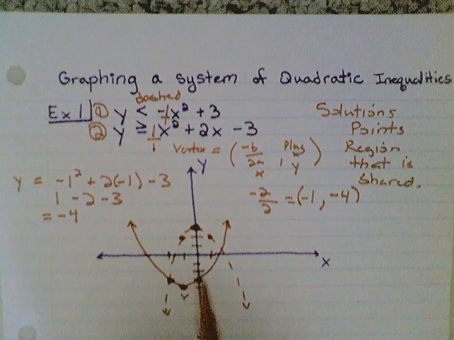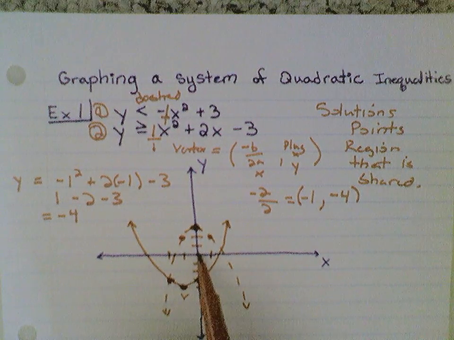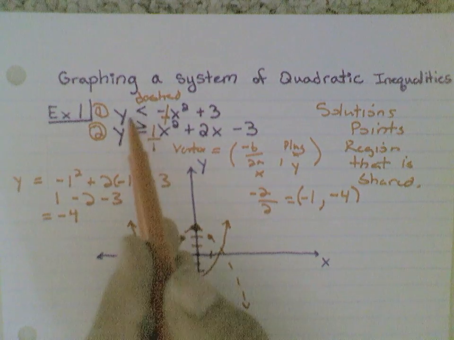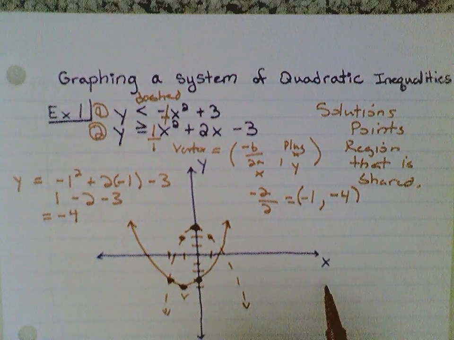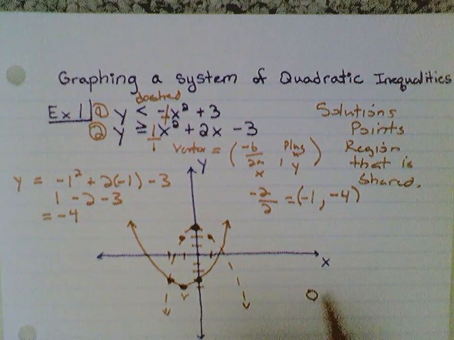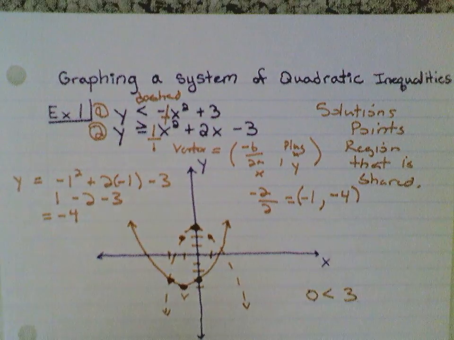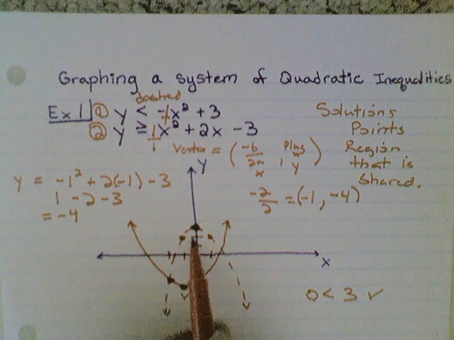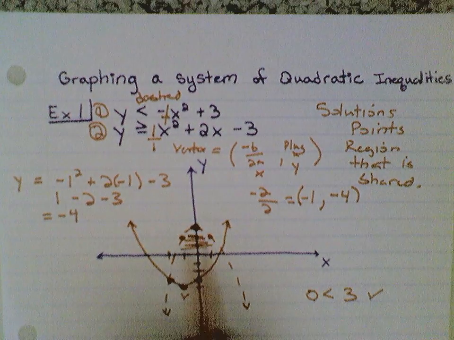For instance, if I test the point 0, 0, I want to test it on both equations. If I plug 0, 0 into the first equation, I'll get 0 is less than +3, and that's a true statement. So for this first function, the solutions are underneath it.